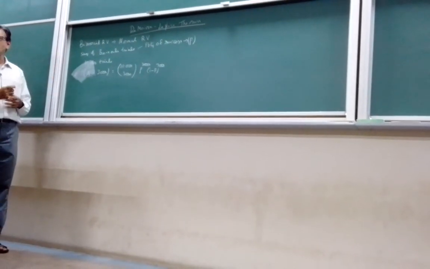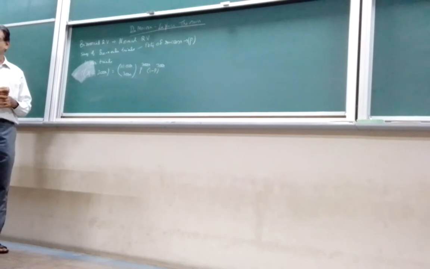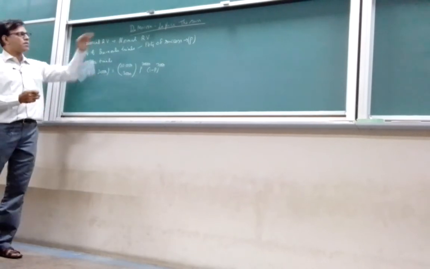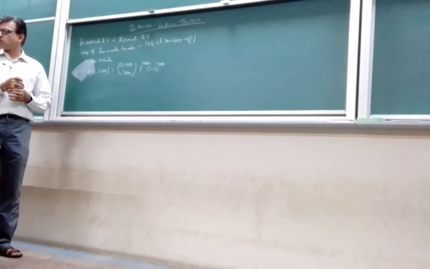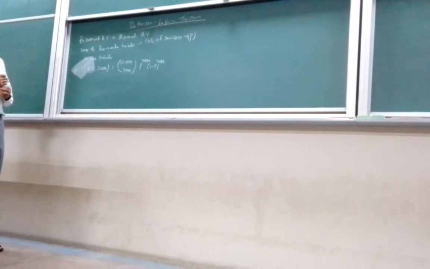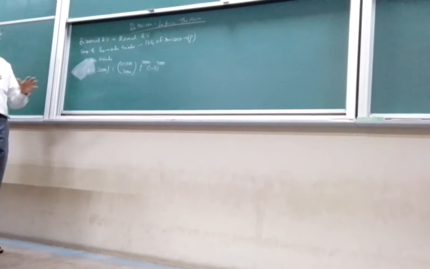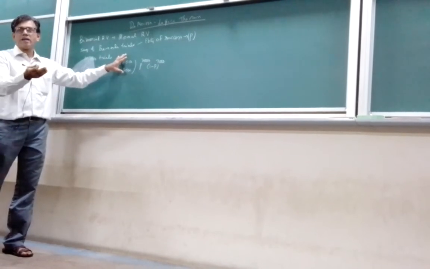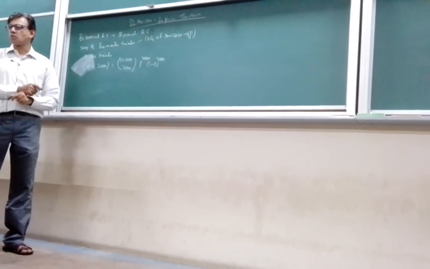So how do we go about doing this evaluation? This is where the De Moivre-Laplace theorem comes into play. It tells us that under certain conditions, we can use an alternate method to evaluate these probabilities.